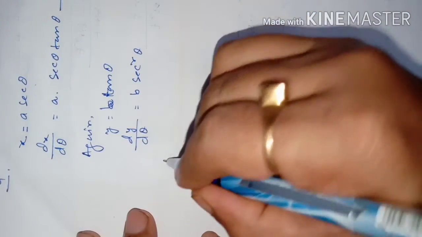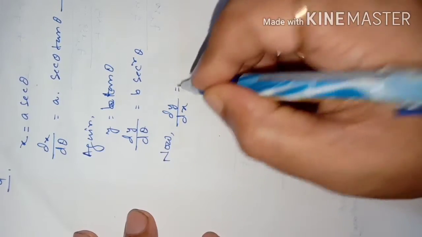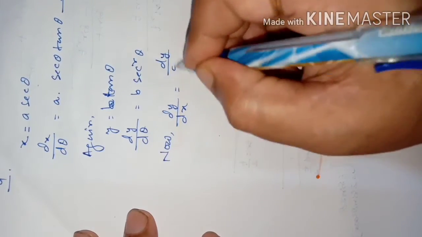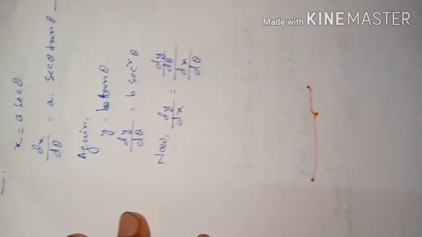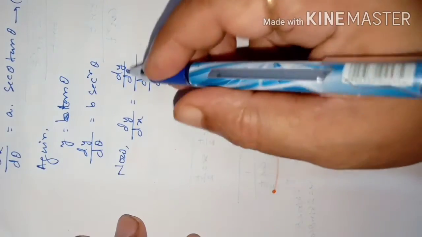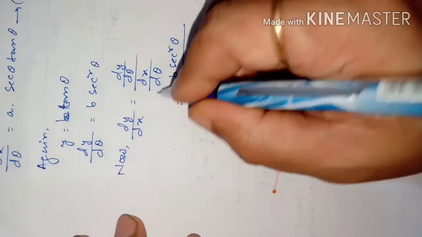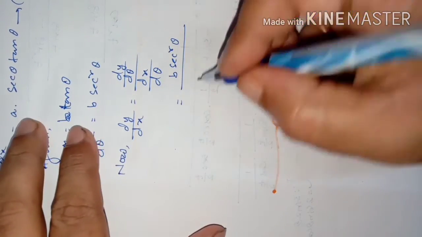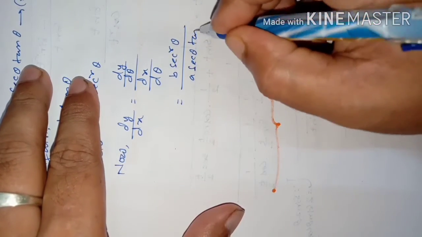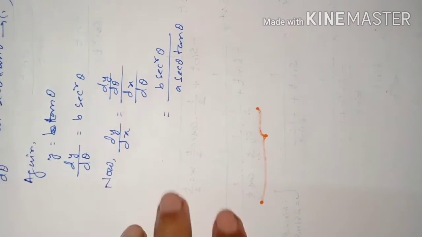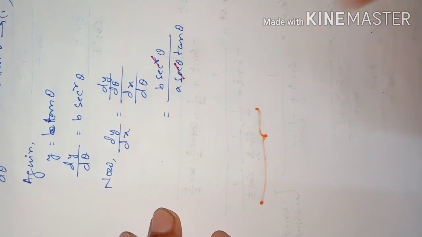Now dy by dx will be equal to dy by d theta divided by dx by d theta. So that is equal to dy by d theta, b sec square theta, divided by dx by d theta, which is a sec theta tan theta. So then from here sec theta is cancelled.